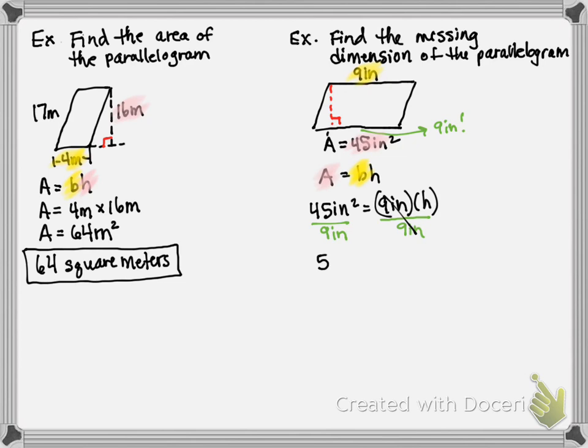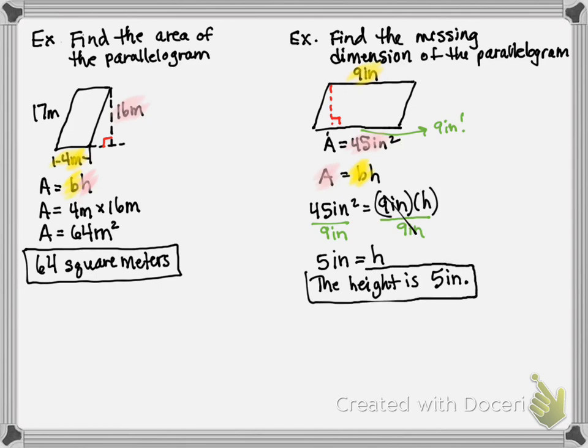I have 2 inches on top, so inch times inch, and I have an inch on the bottom. So an inch over an inch cancels out, and I'm just left with inches. So I'm going to reinterpret this, and I'm going to say the height is 5 inches.